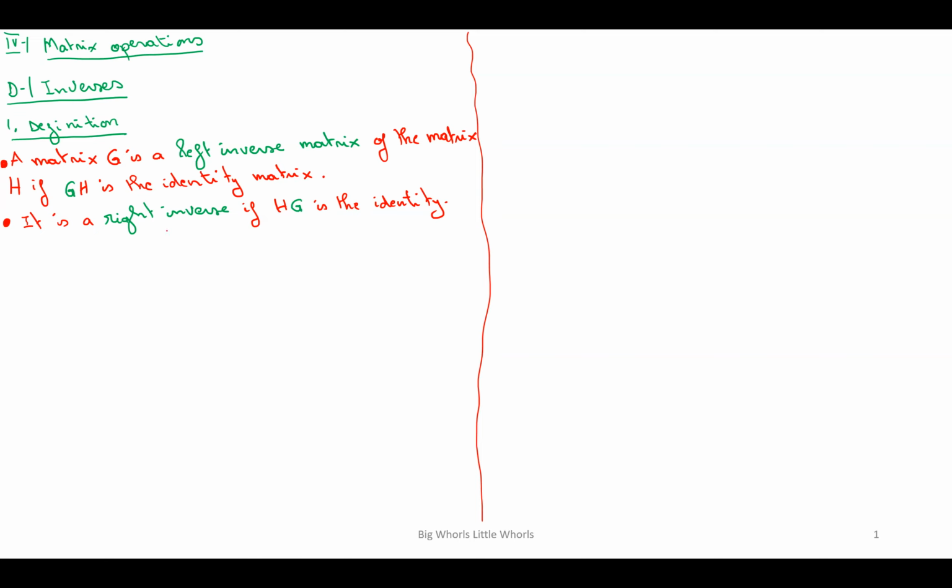Okay, the last element here is a matrix H with a two-sided inverse, is an invertible matrix.